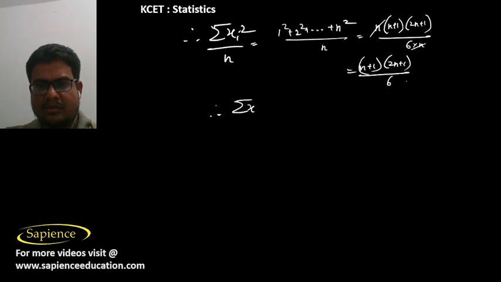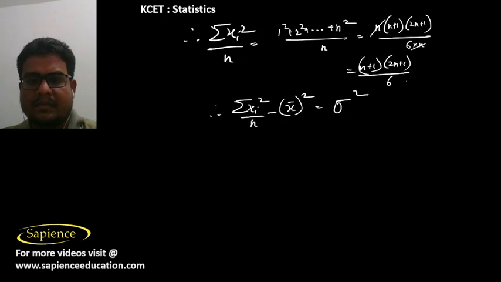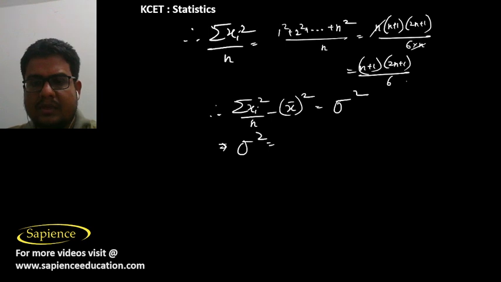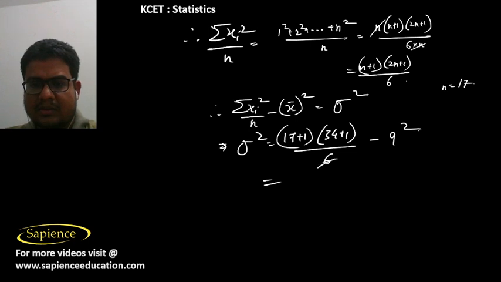Now therefore summation xi square by n minus x bar whole square will be equal to sigma square. So here n is equal to 17, that will be 17 plus 1 into 17 into 2, 34 plus 1 by 6 minus x bar is 9, so 9 square. 6 3 is 18.